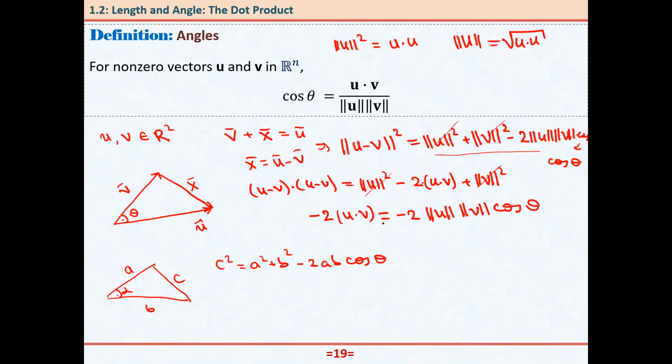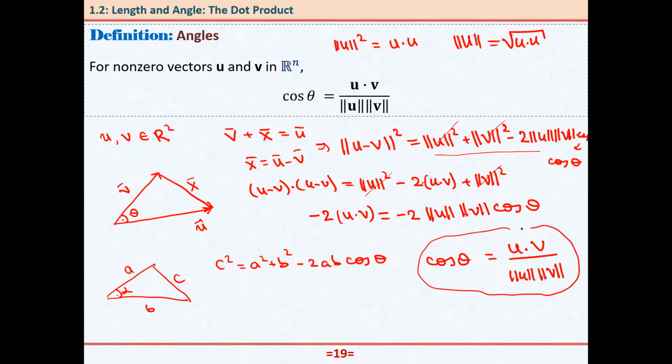If we divide both sides by negative 2, we get cosine of theta equals u dot v over norm of u times norm of v. That is the proof of cosine of theta, the angle between these two vectors in two-dimensional space.